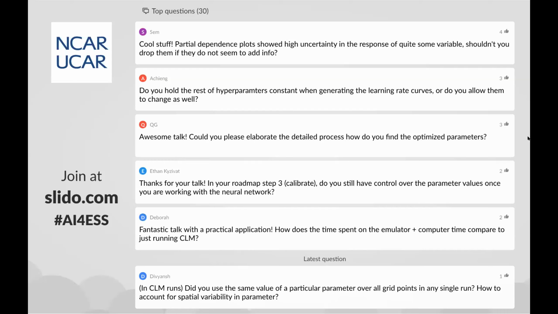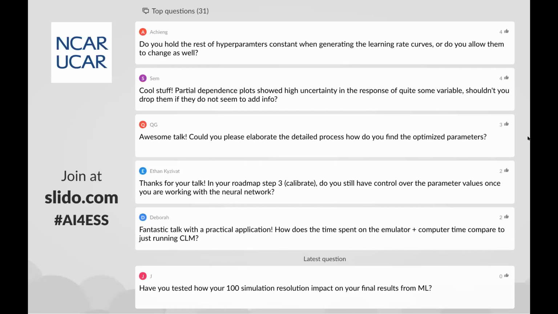Question from Sem: partial dependence plots showed high uncertainty in the response to some variables. Shouldn't you drop them if they do not seem to add info? It's a good question. I haven't tried this, but it would be interesting to retrain with a different set of parameters. What's happening now is we're thinking about how to better constrain the uncertainty ranges of some of those parameters.